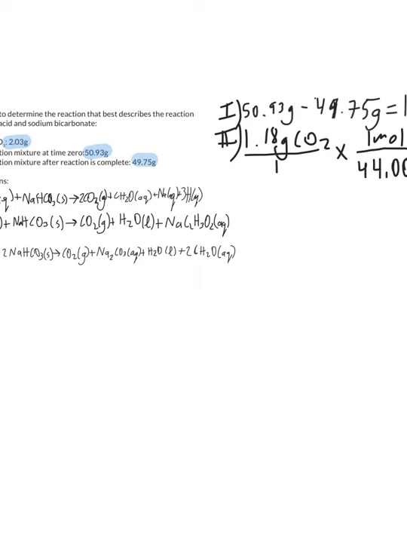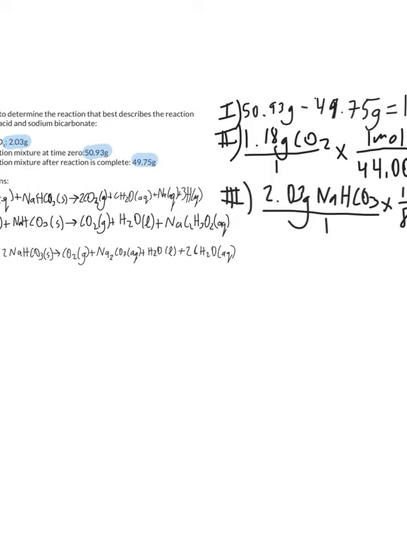And we will save that number for later to compare it to numbers that we will find in a minute. But first, we're going to convert the grams of NaHCO3 to moles of NaHCO3, and we get 0.0242 moles of NaHCO3 to start.